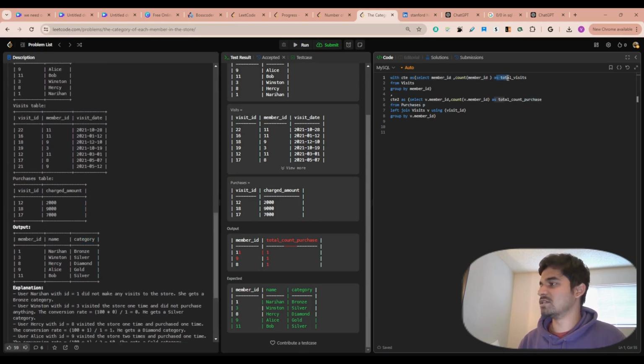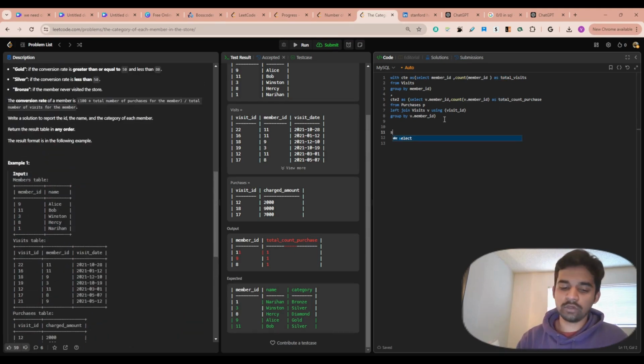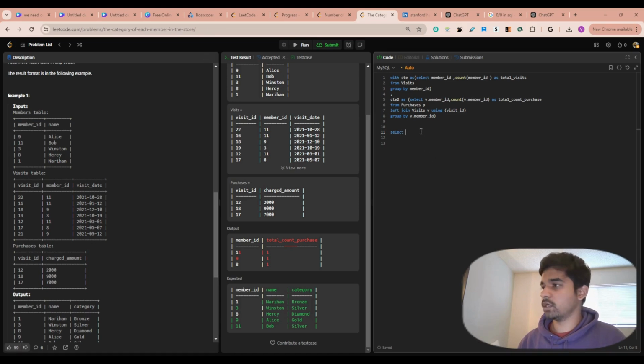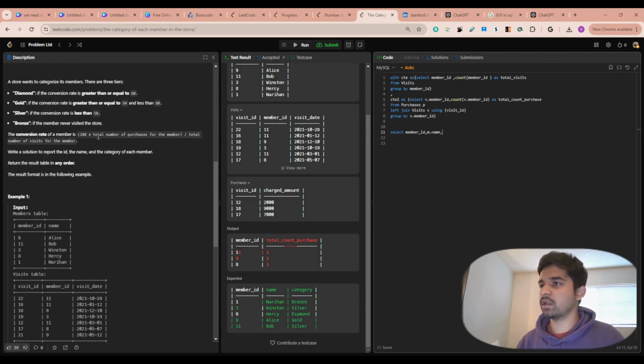After joining the total visits and total count purchase, you just need to apply the conversion rate. So select, and I would be giving the alias for the members table, this one is M. Then the next thing is we are requiring the total number of purchases.